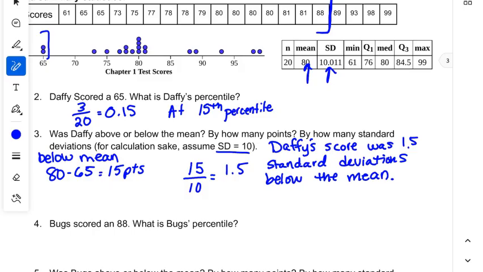How many are at or below 88? 16, because there are 20 total and 4 above, so we subtract that and get 16 out of the 20. Divide it, 0.8. So it was at the 80th percentile.